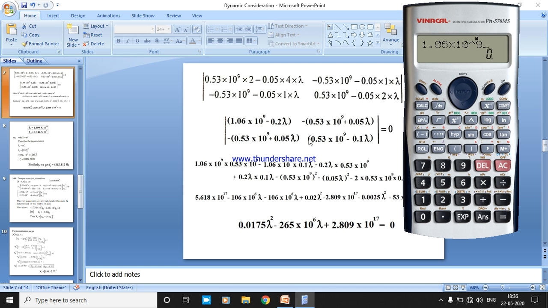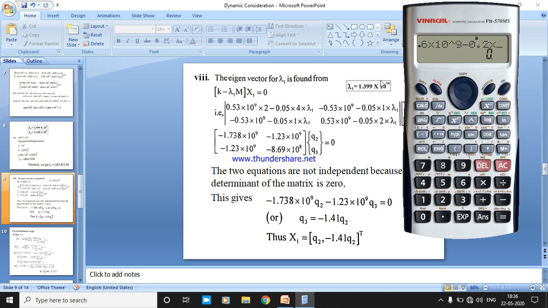I have the simplified form of the matrix here, minus 0.2 lambda. So what is my lambda value? 1.33 into 10 raised to 10. Fine, so I got how much? 1.7, or 1.6, 10 raised to 9.